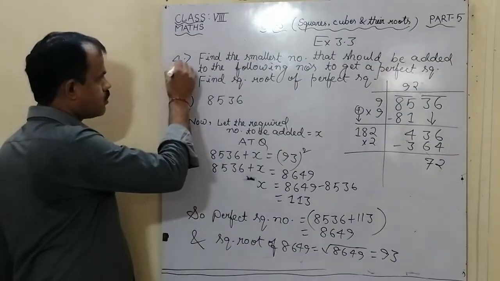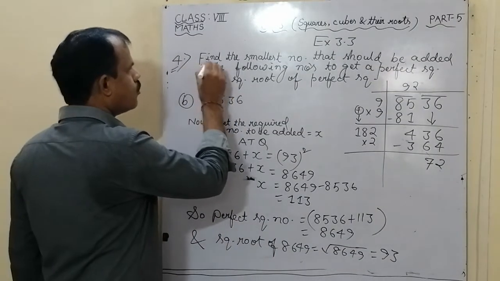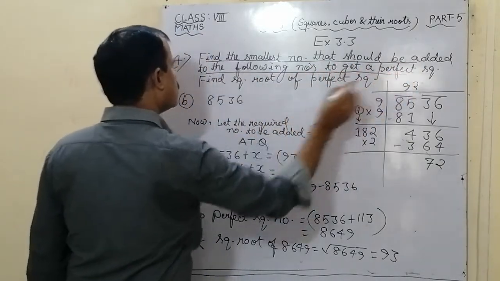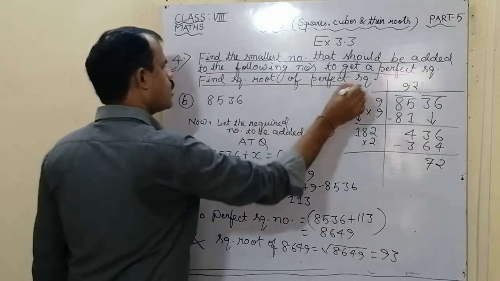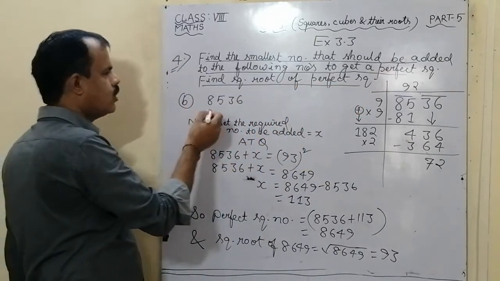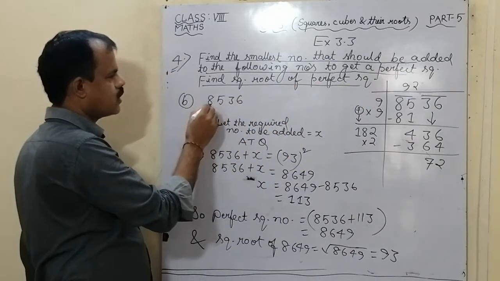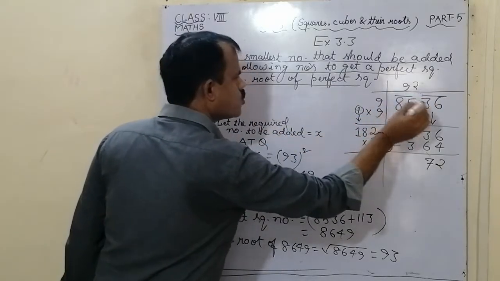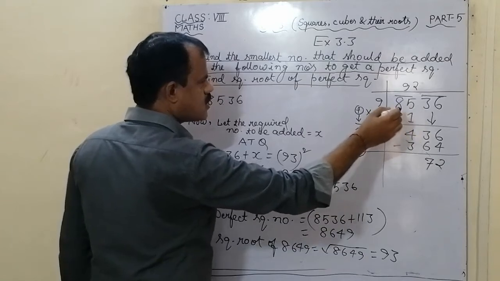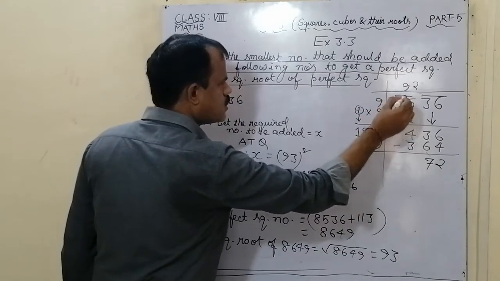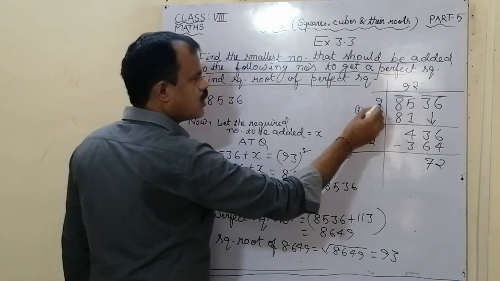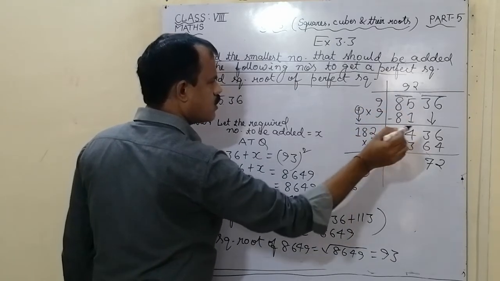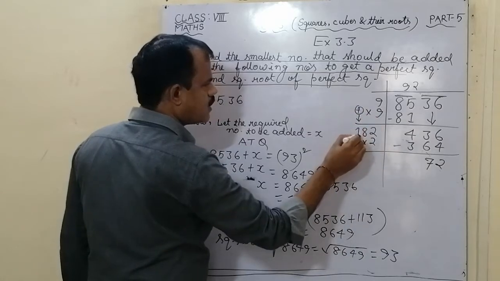Yes students, question number 4. Find the smallest number that should be added to the following numbers to get a perfect square. Find the square root of the following. So first we have to find the square root of that number, 8536. So look here, first we make pairs, two pairs are there, 36, 85. Now the first pair is 85. So we write 9 into 9, 81. 85 minus 81 is 4, and 9 plus 9 is 18.